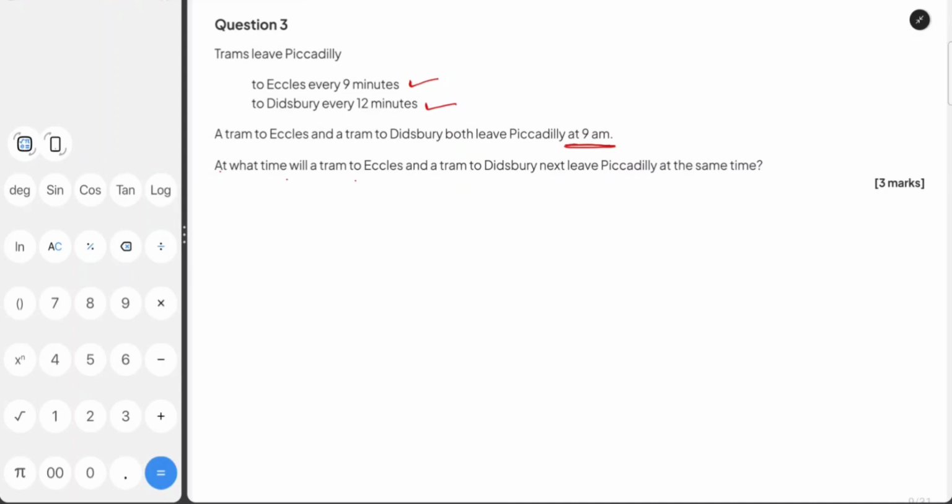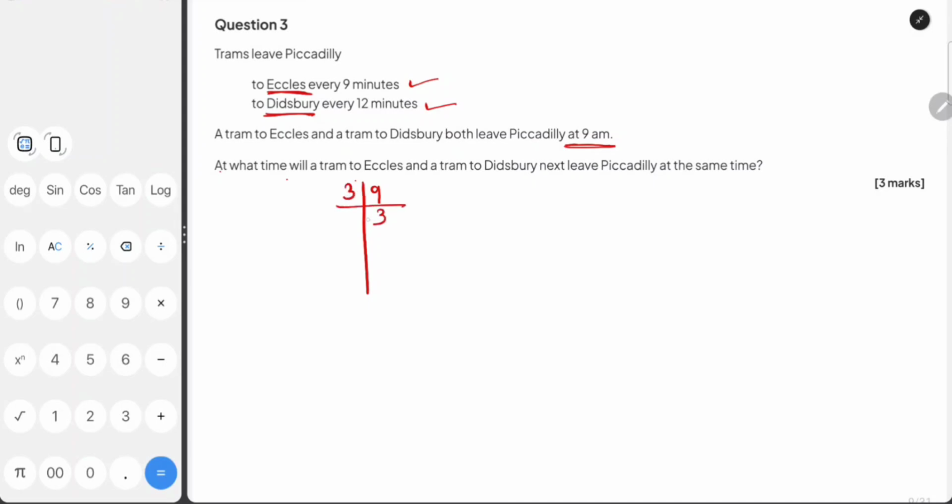After 9 minutes a tram to Achilles will leave, and after 12 minutes a tram to Didsbury will leave. So obviously they are not going to leave together in 12 minutes. The time you are going to find will be more than 9 and 12, right? So that means you are going to find the LCM. So let's find the LCM.